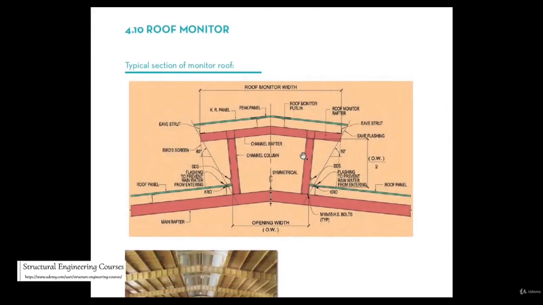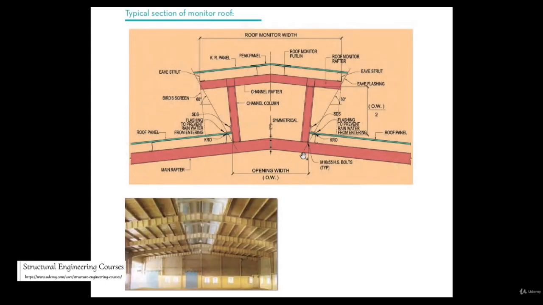This is a very good example of a roof monitor system. Sometimes we need some natural lighting arrangement, or we may need ventilation from the bottom also. So what we can do in that case is provide a secondary portal on the top of this main rafter here. So we can see that this is a main rafter.